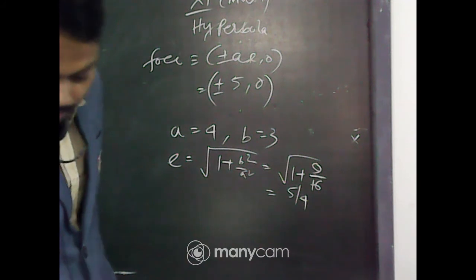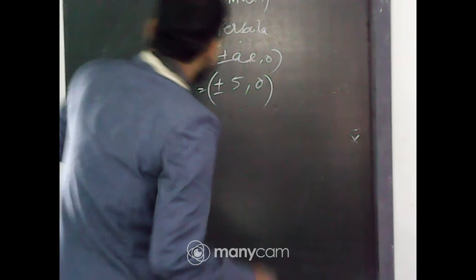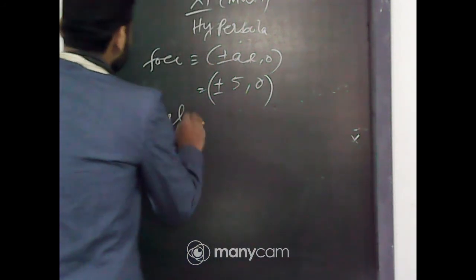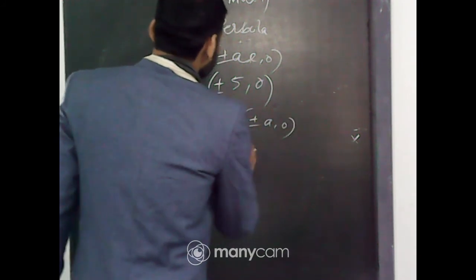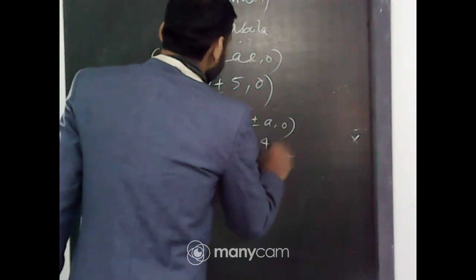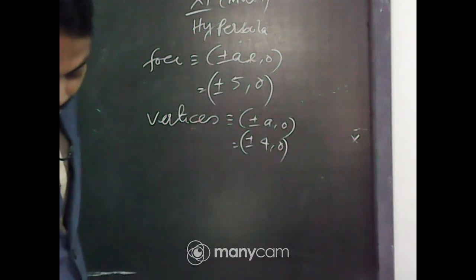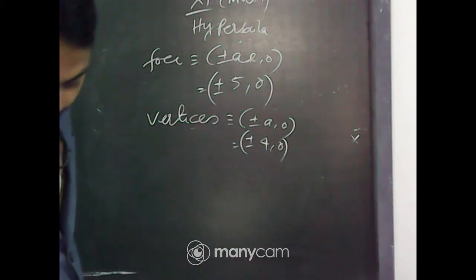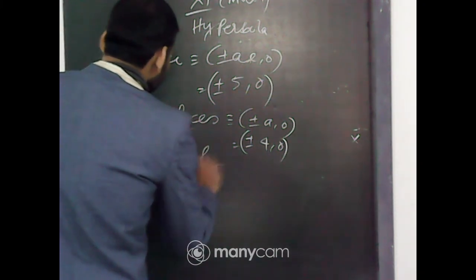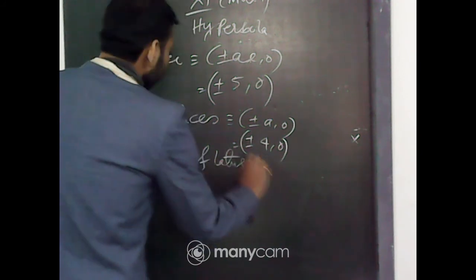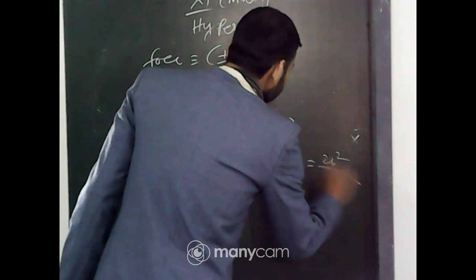Now the vertices, plus minus a comma 0, that is plus minus 4 comma 0. So vertices done. The last thing is the latus rectum, whose length is 2b square by a.